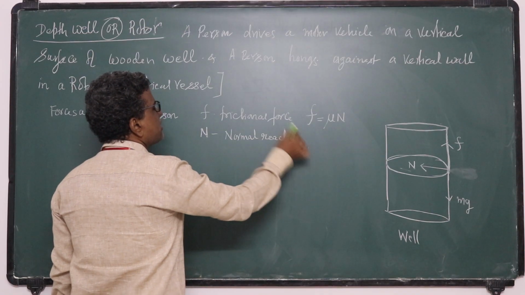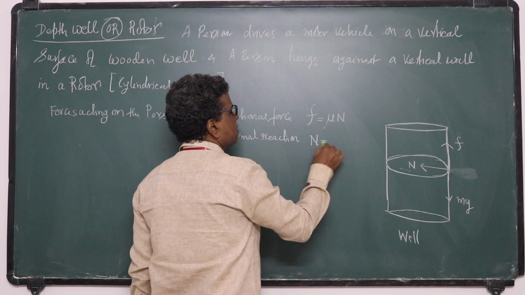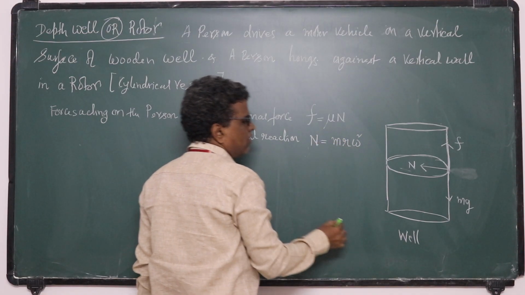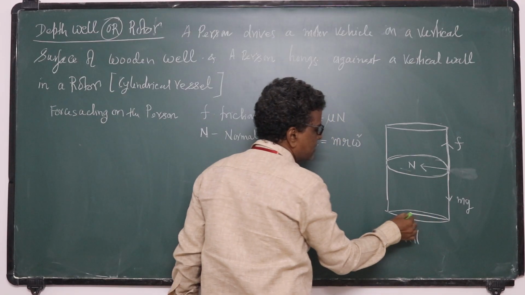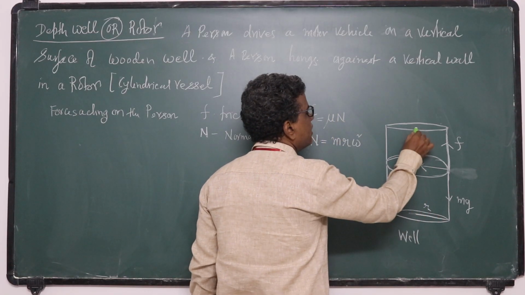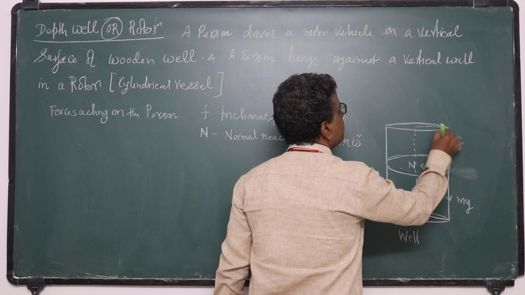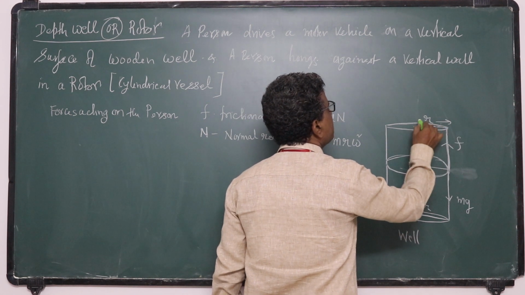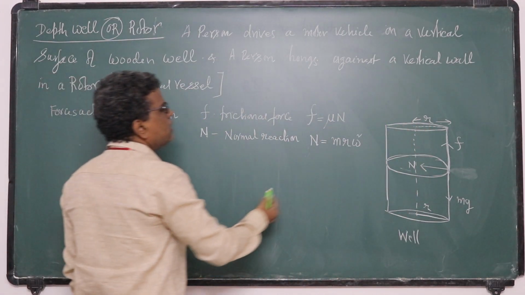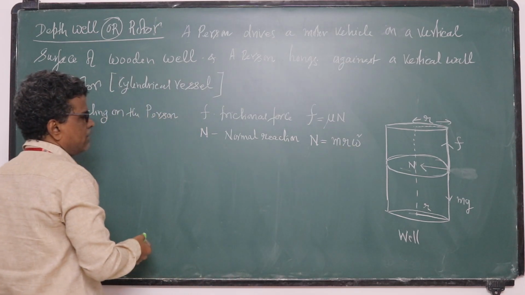This normal reaction will provide a centripetal force to the person. So centripetal force is m r omega square, where r is the radius of this cylindrical well, m is the mass of the person, and omega is the angular speed.